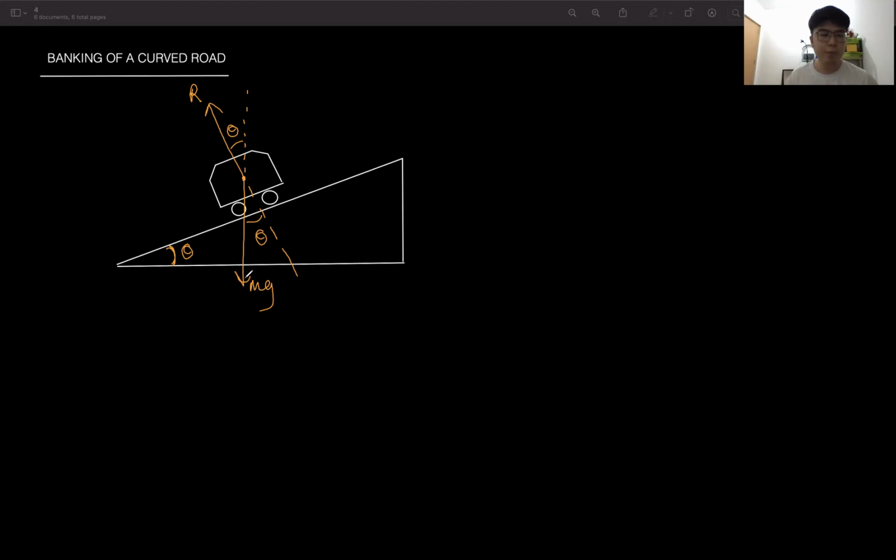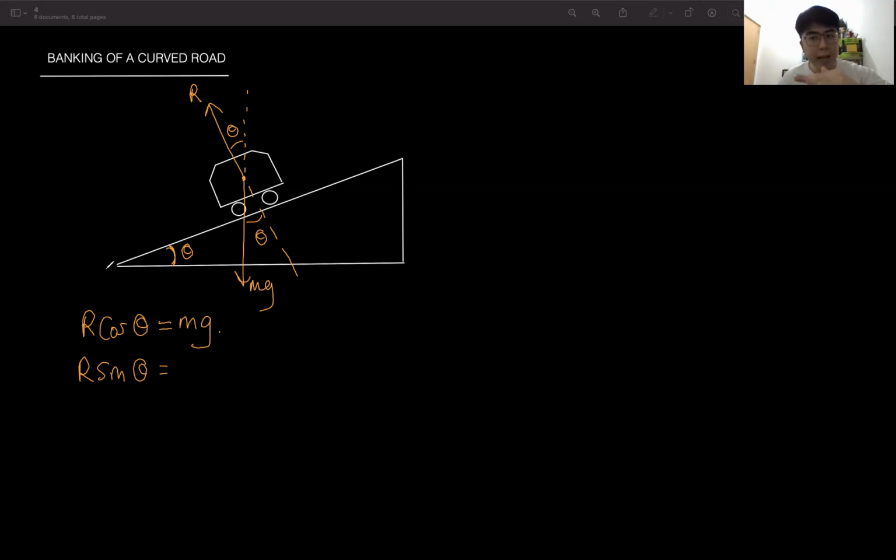Resolve the forces into horizontal and vertical components. We have R cos theta, the vertical, balanced by mg. And then R sin theta equals, this is the horizontal force. Assuming that from the incline of the road, the car does not need to apply any friction on the tire to turn.